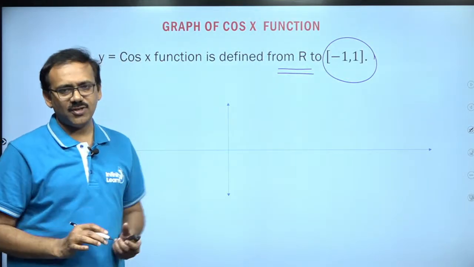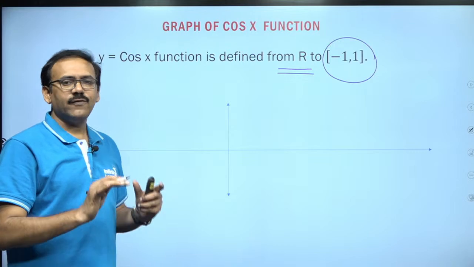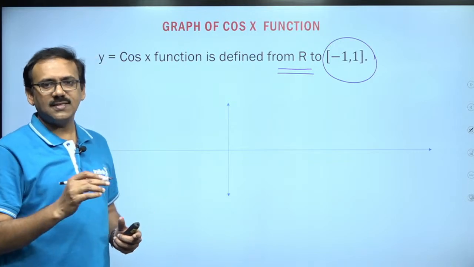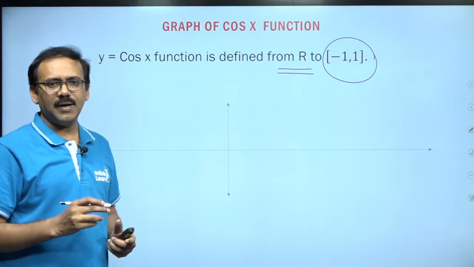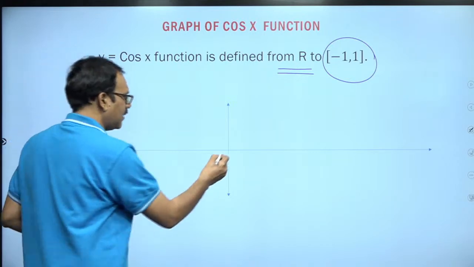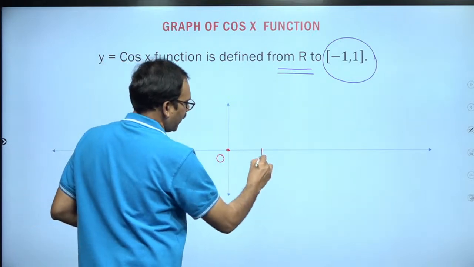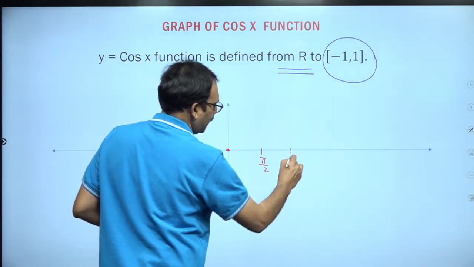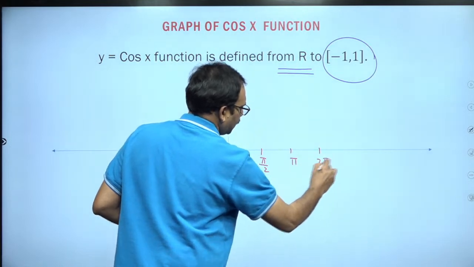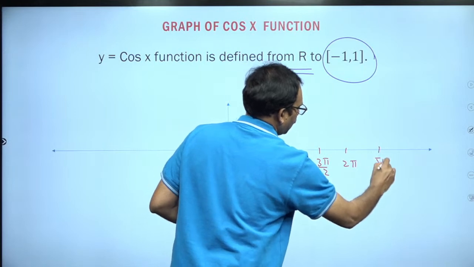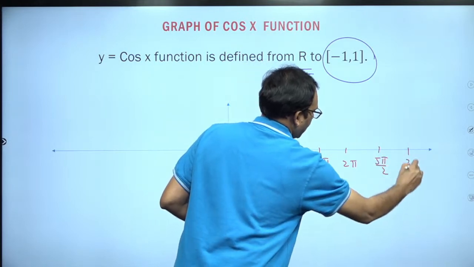Let us try first. Here also, for plotting, the numbers on the x axis I am going to take the same, like pi by 2, pi, multiples of pi by 2, it is 0, say pi by 2, pi, 3 pi by 2, 2 pi, 5 pi by 2, 3 pi.